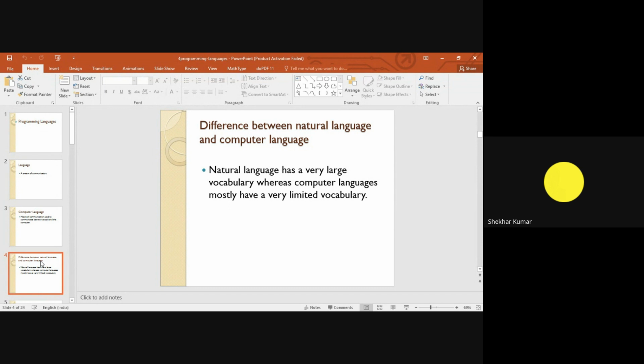It means it only understands digital signals, and these digital signals are represented with the help of binary digits, which are 0 and 1, or you can also say low and high. So natural language has a very large vocabulary, but computer language has a very limited vocabulary.